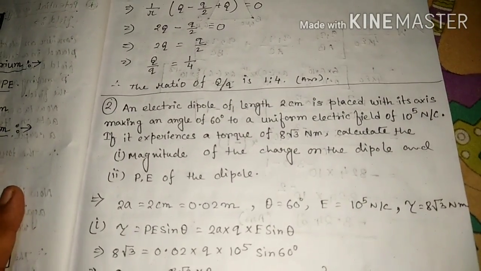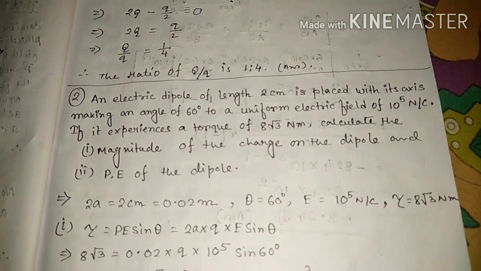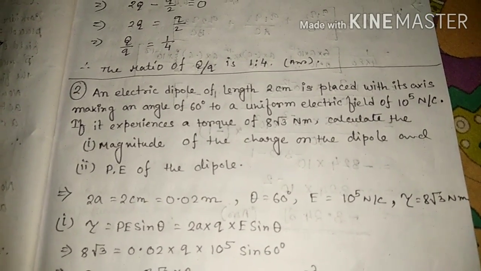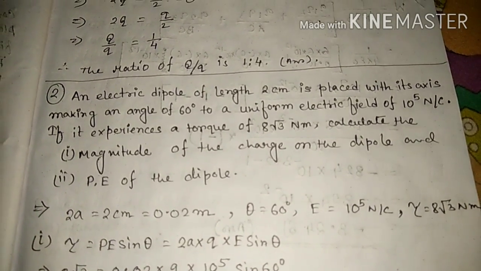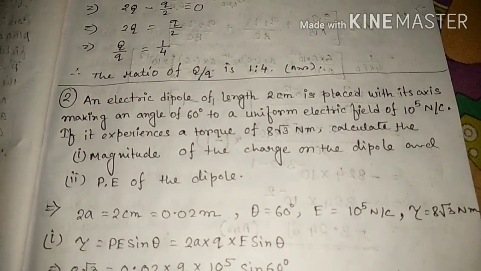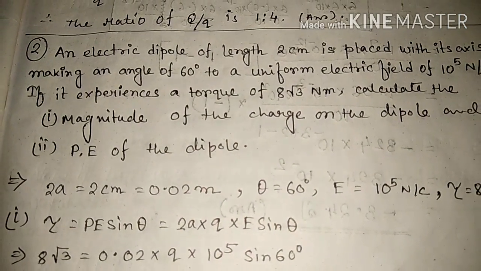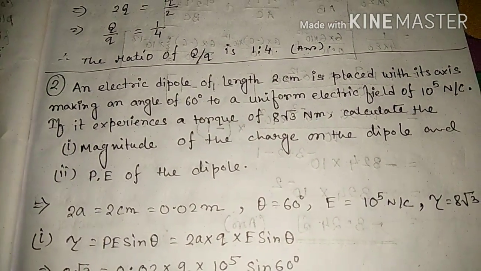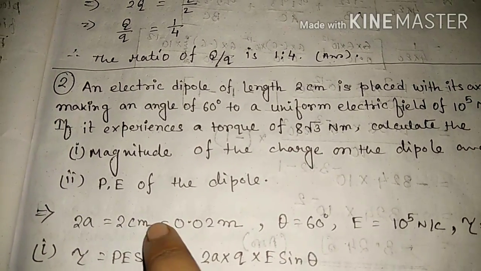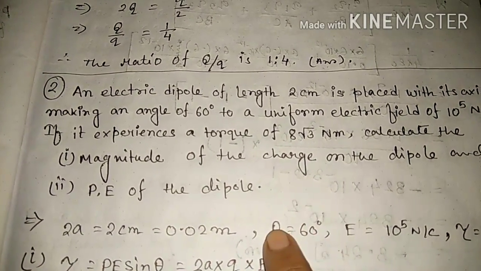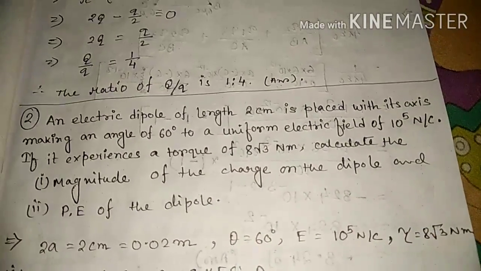Now next one. An electric dipole of length 2 cm is placed with its axis making an angle of 60 degrees to a uniform electric field of 10 to the power 5 Newton per coulomb. If it experiences a torque of 8√3 Newton meter, calculate the magnitude of the charge in the dipole and the potential energy. It's very easy. What is given? Length 2a is given, 2 cm converted to meters. Angle theta is 60 degrees, E is given, tau is given.